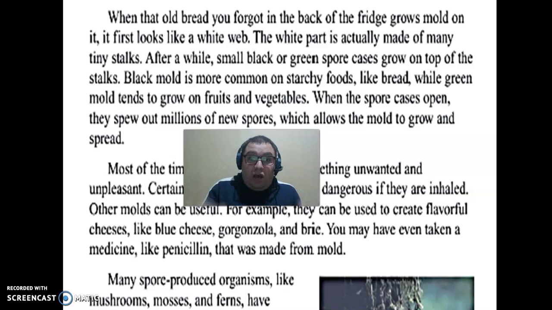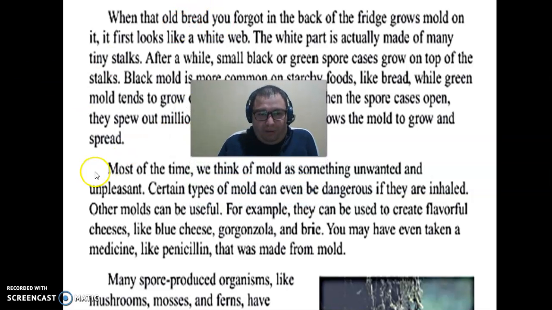It is not correct, because the reading said that the mold can have roots inside, and all the bread has fungi, so it's not correct to eat it. If you see a bread like this, don't eat it, because this fungus can do something bad in your blood, in your body, in your systems, and you can have really serious problems, right?